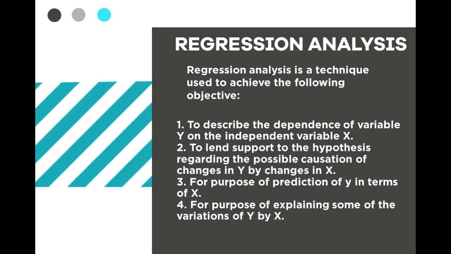Number 2, to lend support to the hypothesis regarding the possible causation of changes in y by changes in x. That is something we will not see in correlation analysis, the causality, as we call it. Number 3, the purpose of prediction of y in terms of x. And then number 4, for the purpose of explaining some of the variation of y by x.